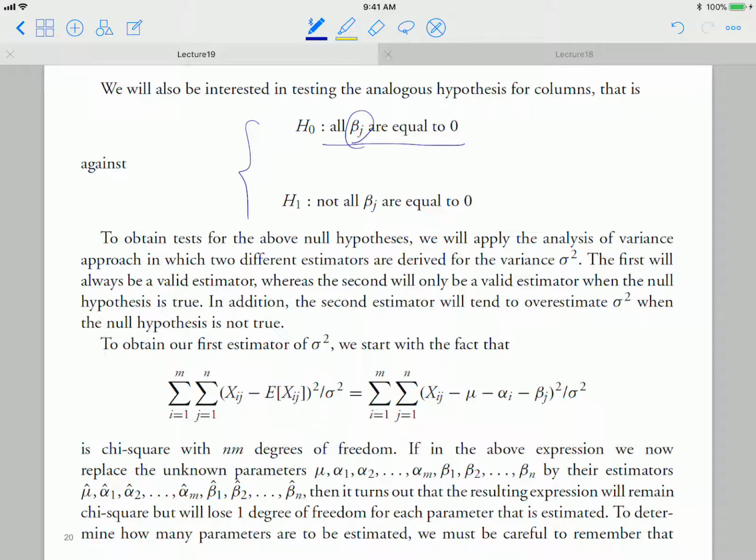But back to the main strategy. As I mentioned, we will use two different ways of computing the estimate of sigma squared. Let's consider the first way.